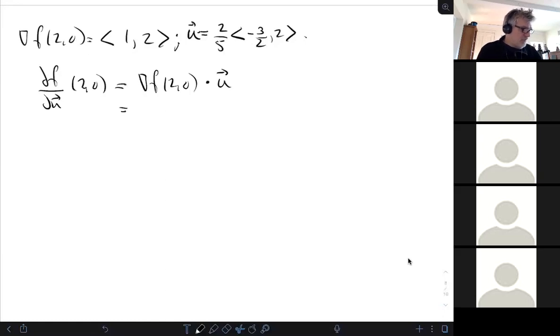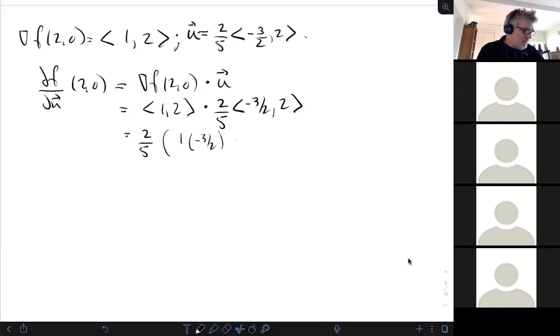And so I just compute my dot product, 1, 2 dot 2/5 times the vector minus 3/2, 2. We can always factor out the constant factors. So this is 1 times minus 3/2 plus 2 times 2.